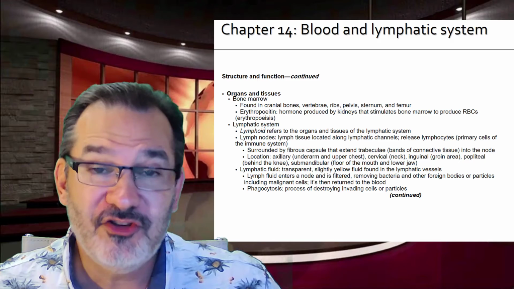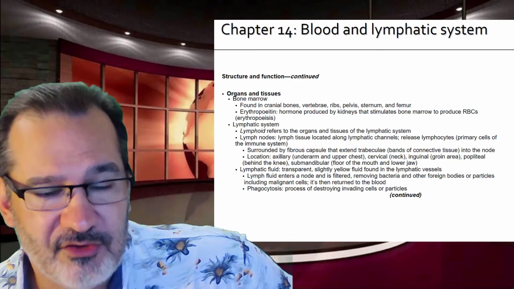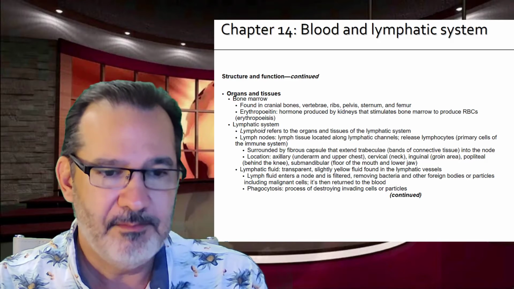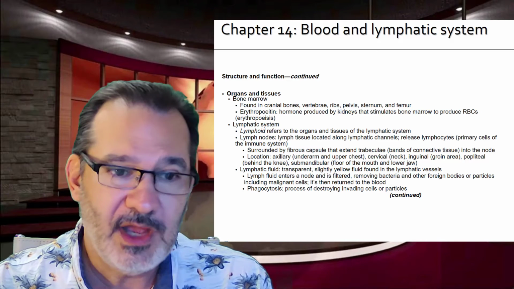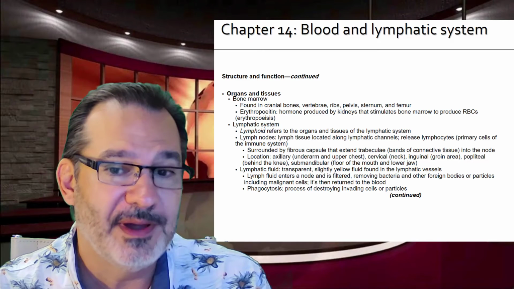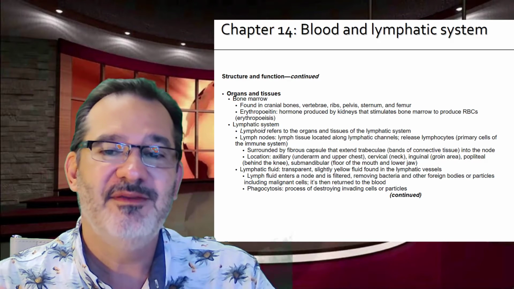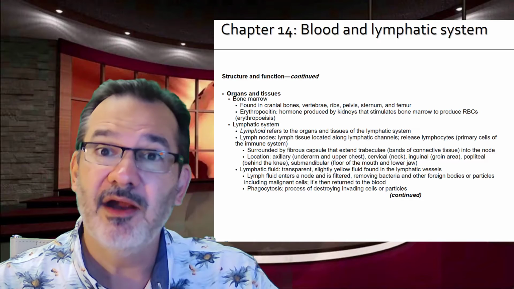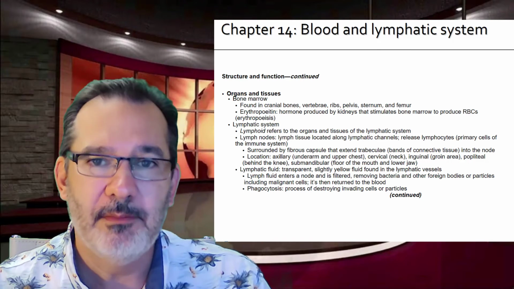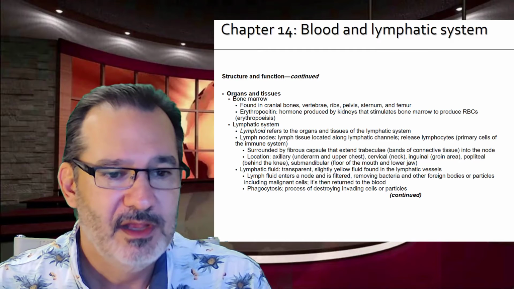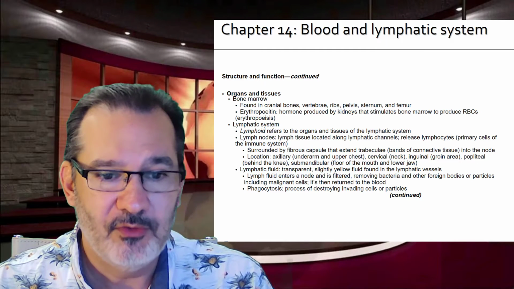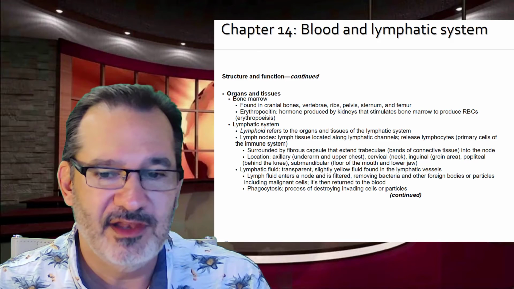Organs and tissues of the circulatory system, or the blood and lymphatic system. Bone marrow, and erythropoietin, which is a hormone that's produced by the kidneys. It stimulates the bone marrow and helps to produce red blood cells. The lymphatic system: lymph nodes, lymph tissue located along the lymphatic channels.